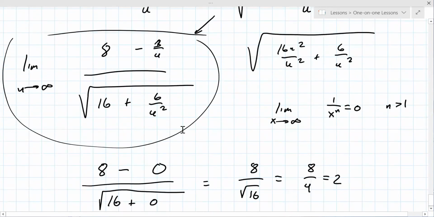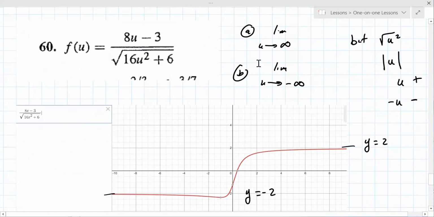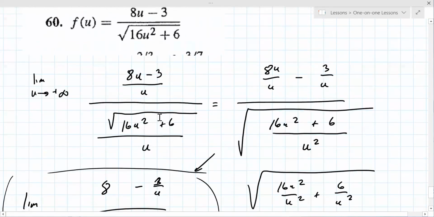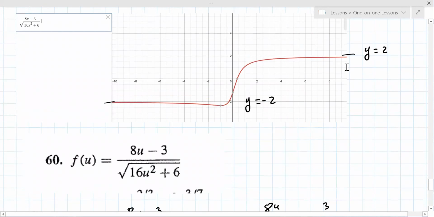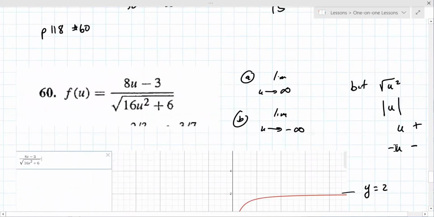Okay, it's because there's the other side we have to do if you want, which is the negative infinity, and then you divide everything by negative u. But this is how you find horizontal asymptotes. Okay, so maybe this will be clear. I said just the negative u when you go to negative infinity.